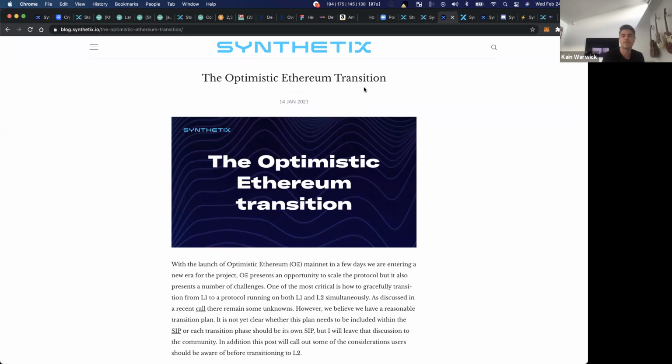For us, it's not just about transfers and simple functions. There's a lot of complex functionality that runs on L1 that we needed to be able to run on whatever scaling solution we went with, which is why optimistic Ethereum was the choice for us over even things like StarkWare or whatever, which would have required significant rewrites to the code base.